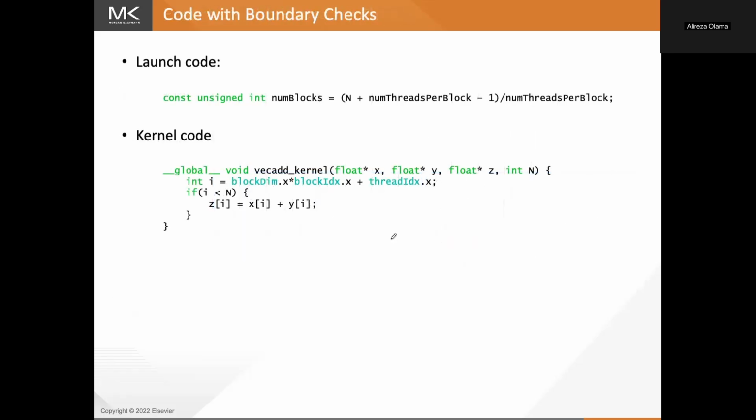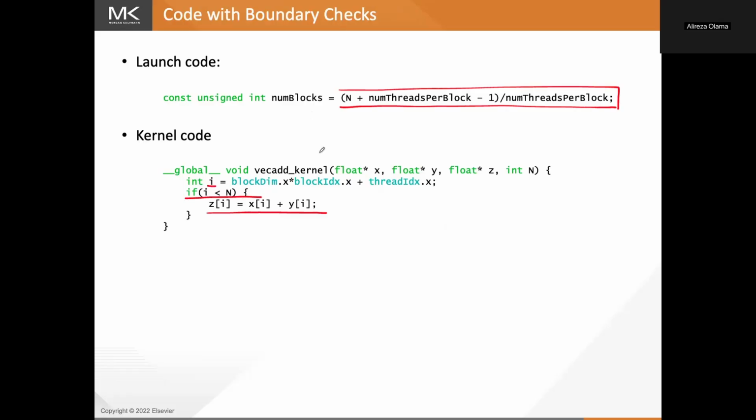That's very simple. I do the rounding here with this simple formula. You can just check it out yourself. And then I provide a simple if statement, and I perform this addition only for the threads whose index is smaller than the total number of elements, right?